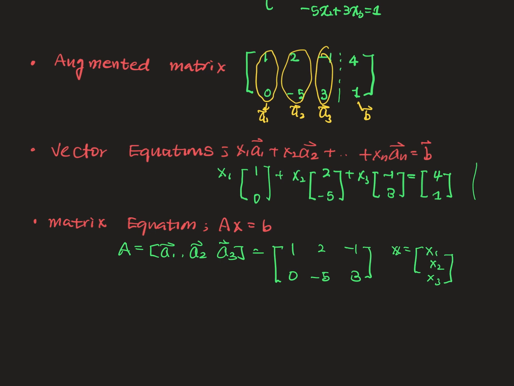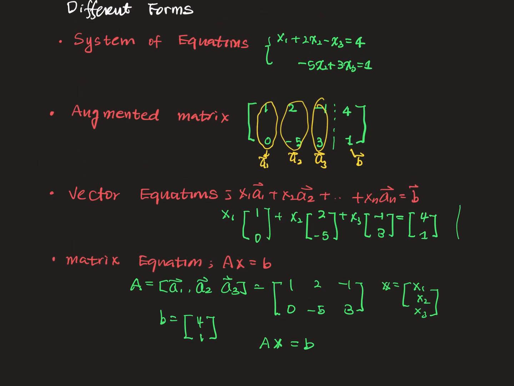The b vector, you already did, is 4 and 1. So we write the matrix A times the x vector equal to b. Make sure all four different forms represent the same thing. Whether you solve the system of equations, the augmented matrix, the vector equation, or the matrix equation, all of them have the same meaning.